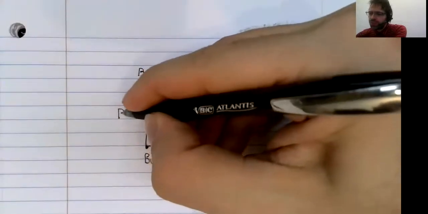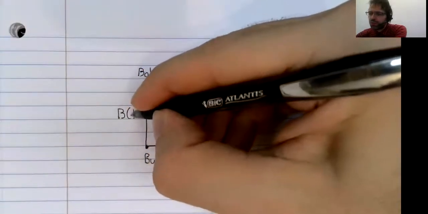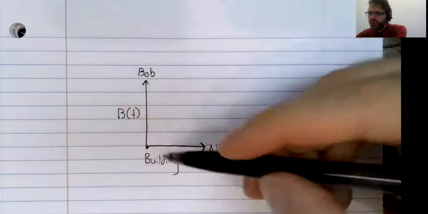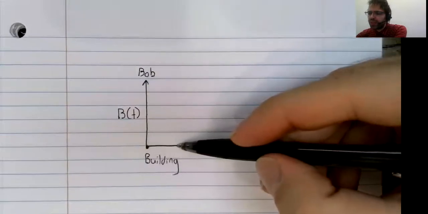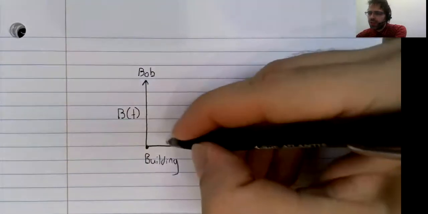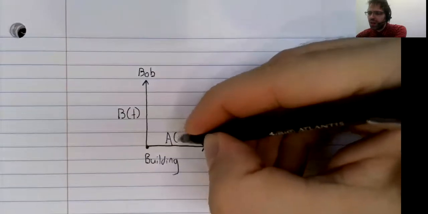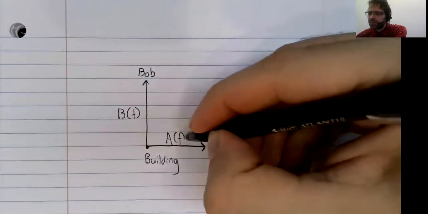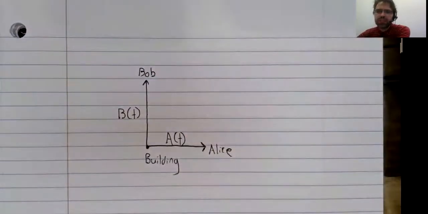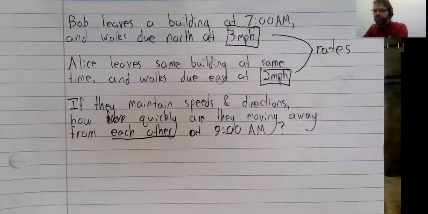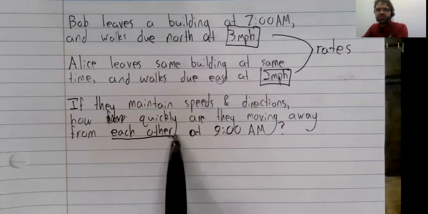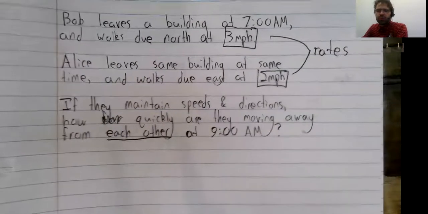So since we're interested in rates of change, and this distance and this distance are changing with time, let's label both of those. What we're ultimately interested in is their distance from each other.